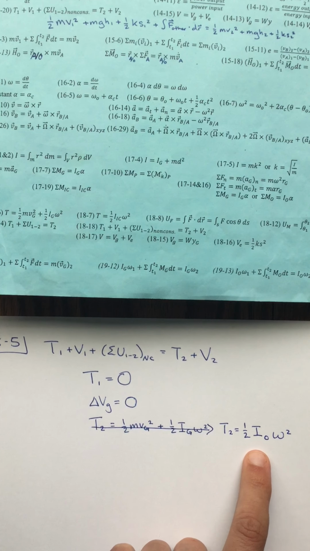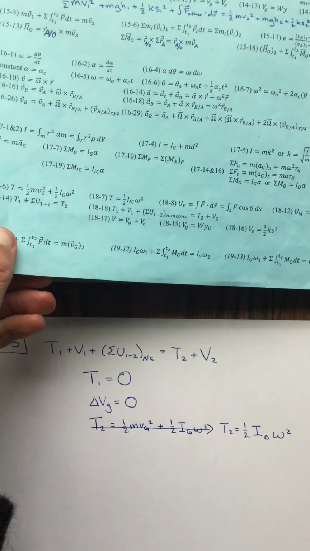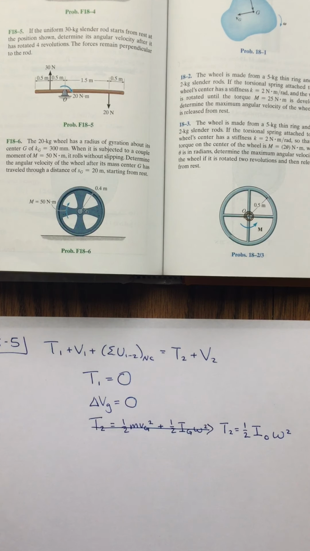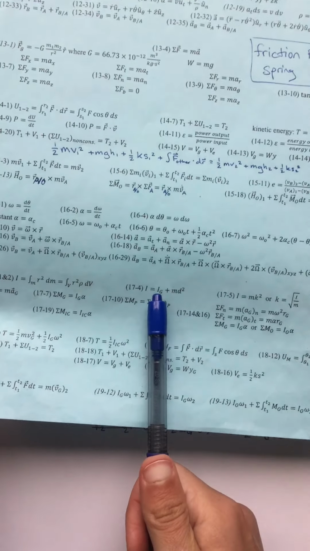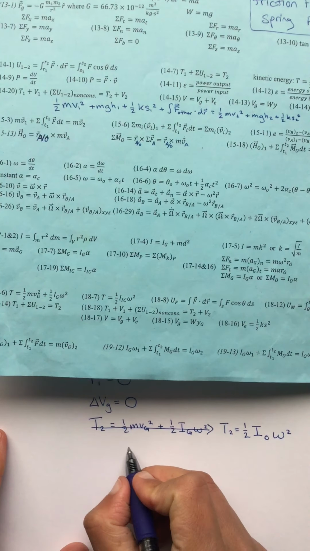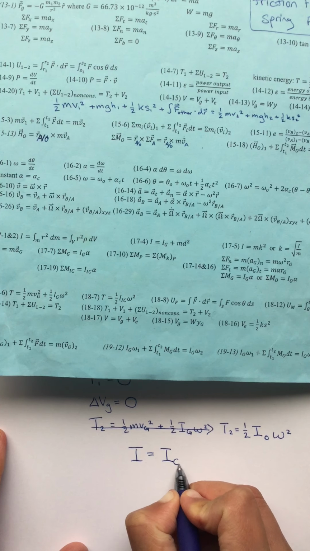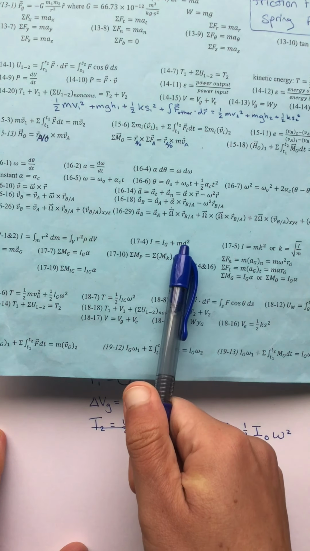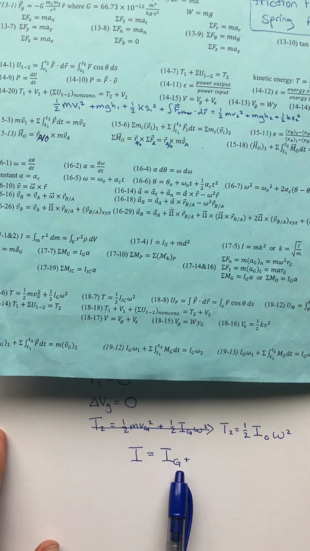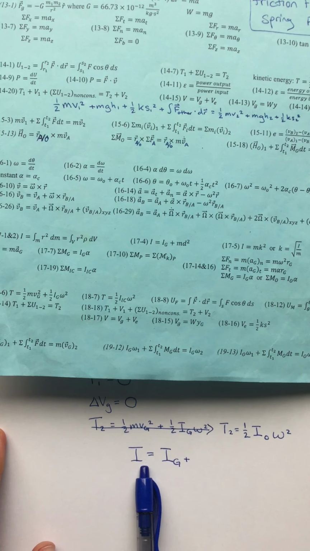Then if I use this equation here, I just need to find the moment of inertia about point O. Well, that I can do using the parallel axis theorem, which gives my new moment of inertia, I, equal to the moment of inertia about the mass center plus the mass times the distance squared between the mass center and your new point.